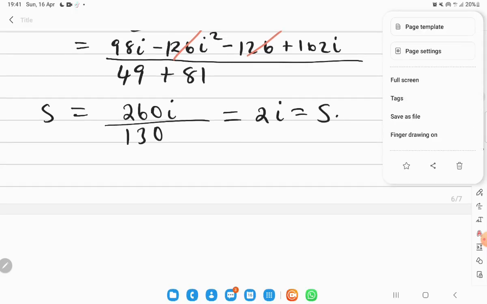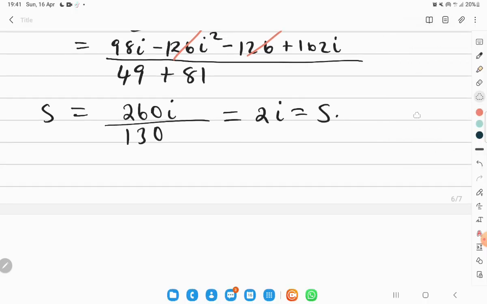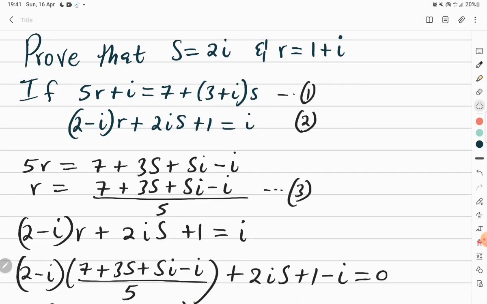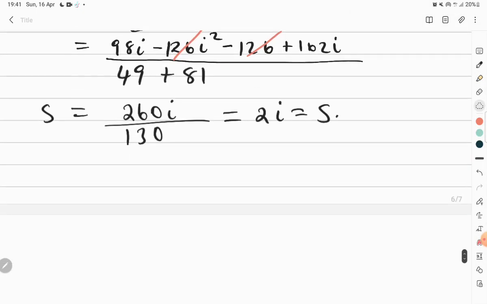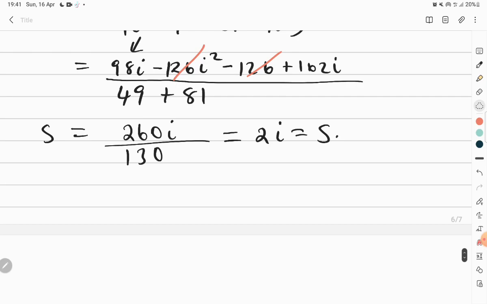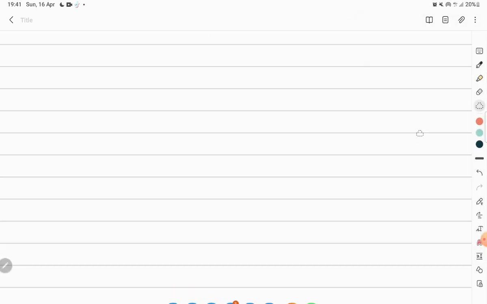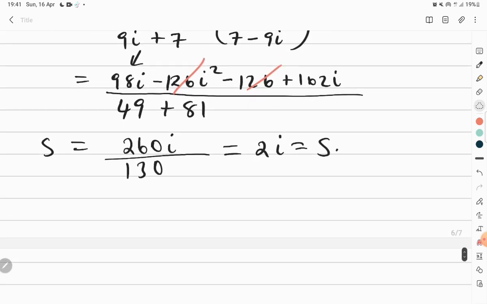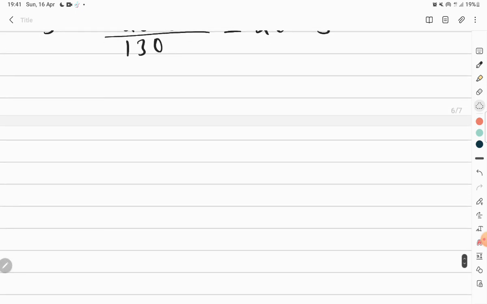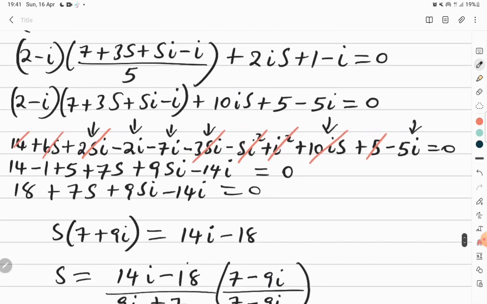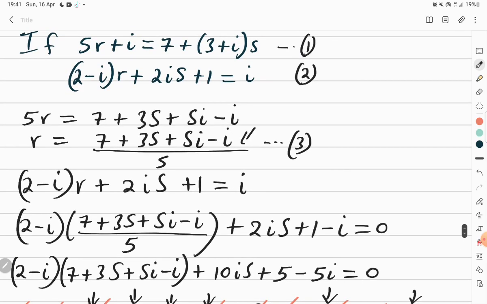So we can continue now, finding the value of r. You will remember that our r was equal to this long expression. So let me just take it down.